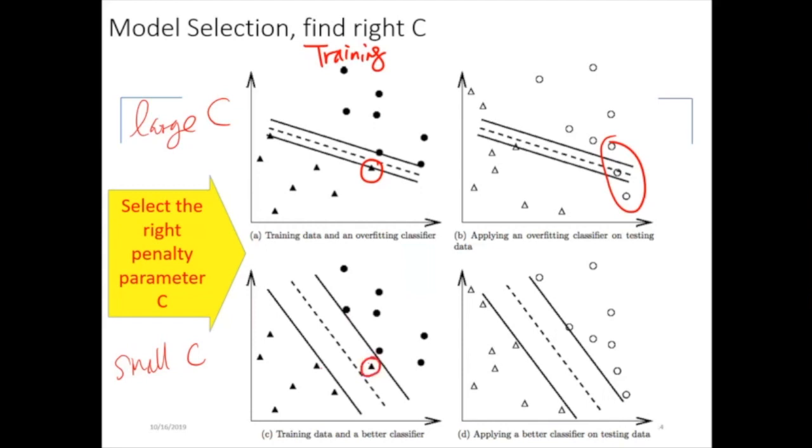If you allow that point to be wrongly predicted by using a small c, your margin is actually much larger. It has a better generalization, a good region or band separating the classes, and hopefully in the testing data, it can generalize better.